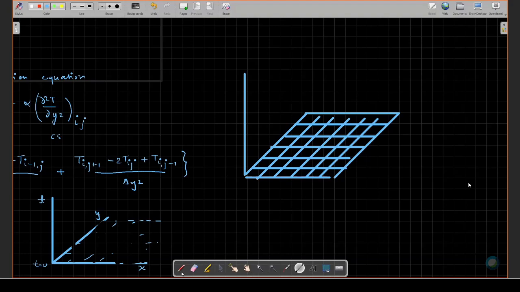This is at t equals 0. This is your time axis, this is your y axis, and this is your x axis.